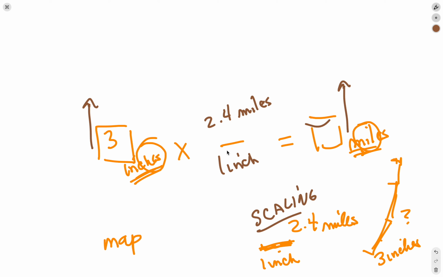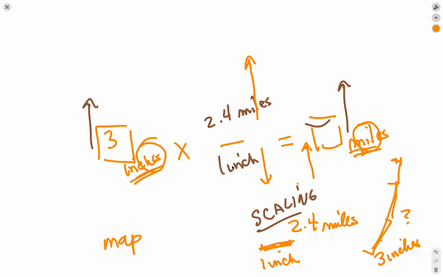Now let's just think about this, right? As the map changes its scale, the more miles there are per inch, the further the distance would be when we travel 3 inches. On the other hand, if this decreased, the miles that were traveled would be less. And so that looks good.